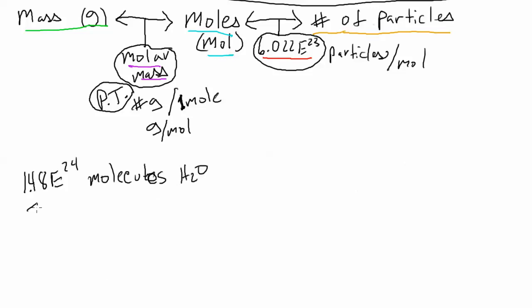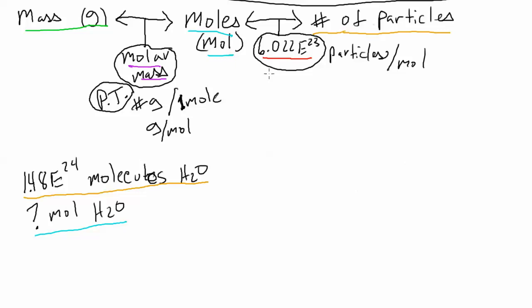And I want to know how many moles of water that is. So molecules are a type of particle. So you're given a number of particles, and it's asking you to find the number of moles.